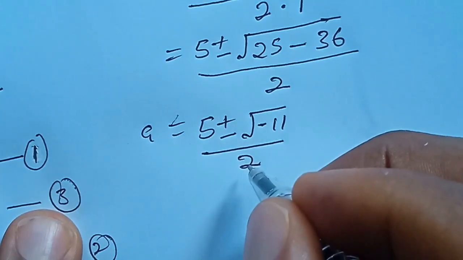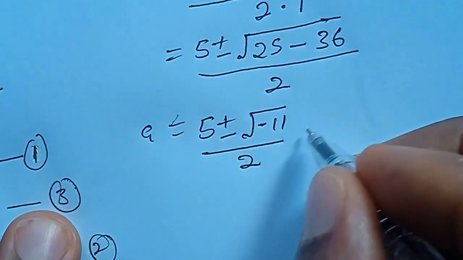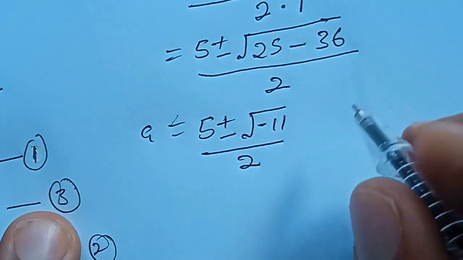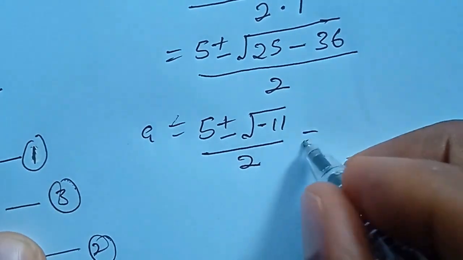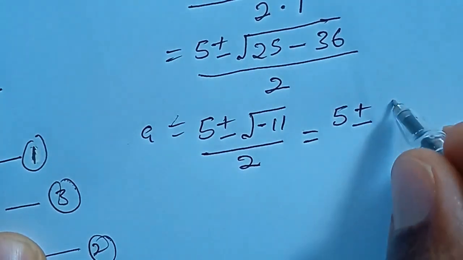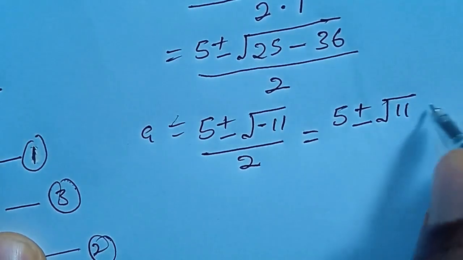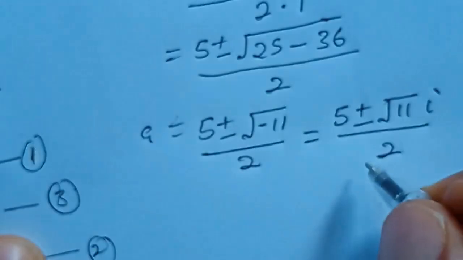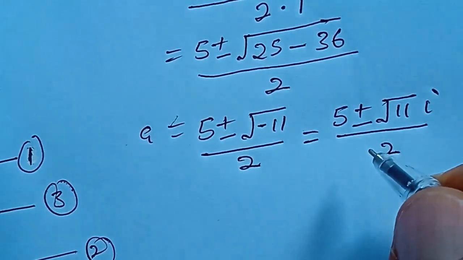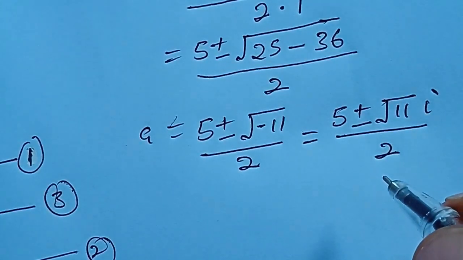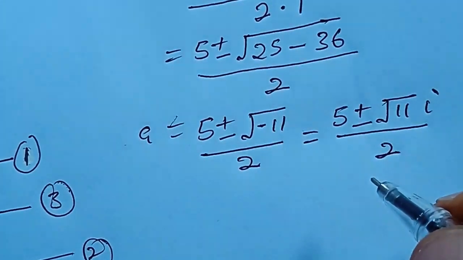So we are having a negative square root, and that can be written as 5 plus or minus square root of 11 i, over 2. This implies a complex root for the value of a.